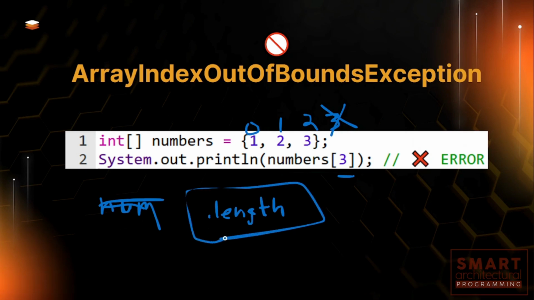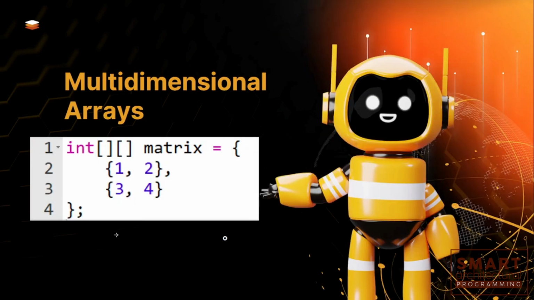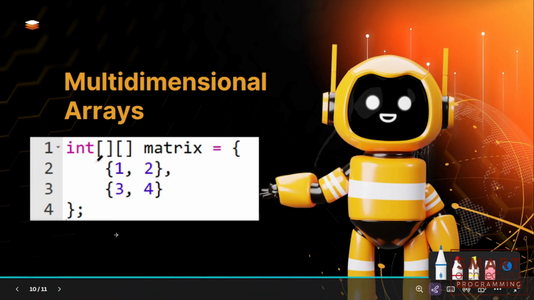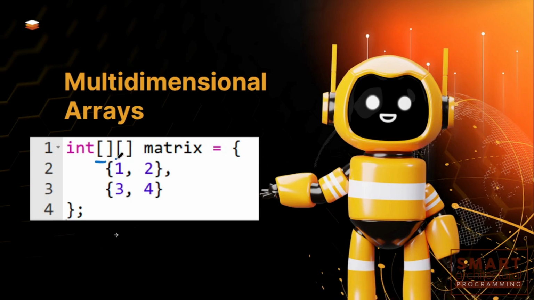With that, let's move on to a brief teaser of multi-dimensional arrays before we wrap this video up. There's another way to set up arrays, which is using multi-dimensional arrays. Basically, we have int, but if you notice, the difference is we're using 2 square bracket notations here. Why?